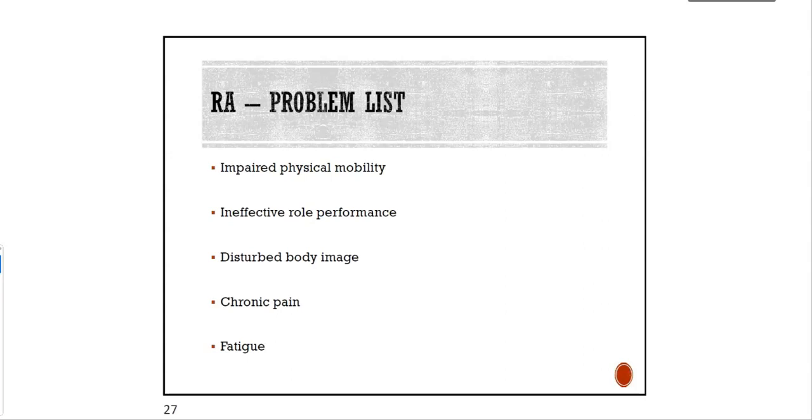It affects their hobbies, their ability to work, their ability to think. So just keep that in mind, especially with these patients with autoimmune disorders or chronic disorders. And sometimes it can cause disturbed body image, right? Because it affects any joint really. And then chronic pain as well as fatigue.